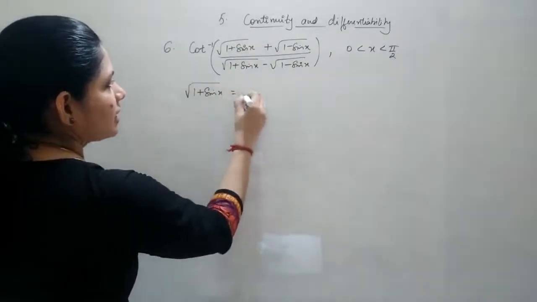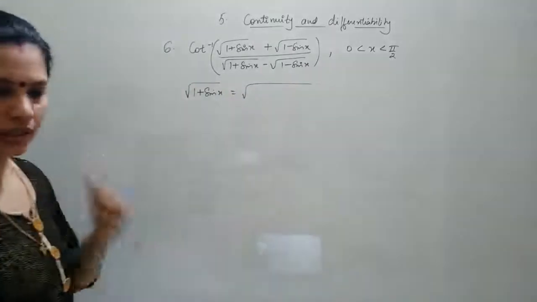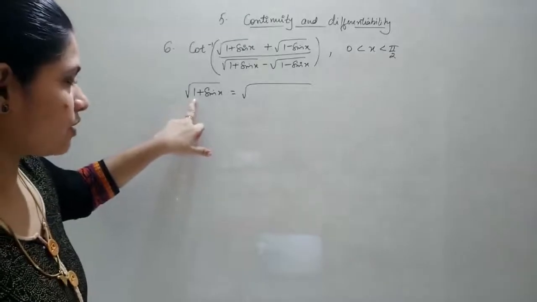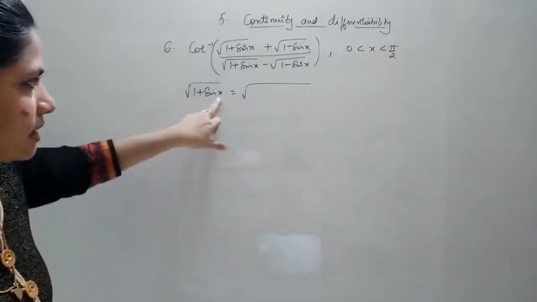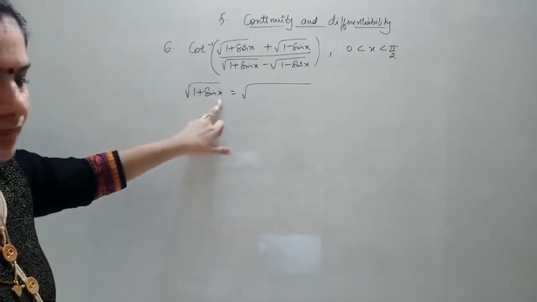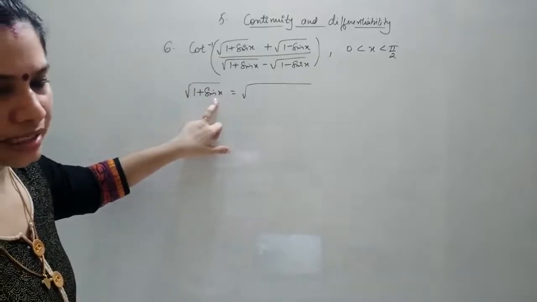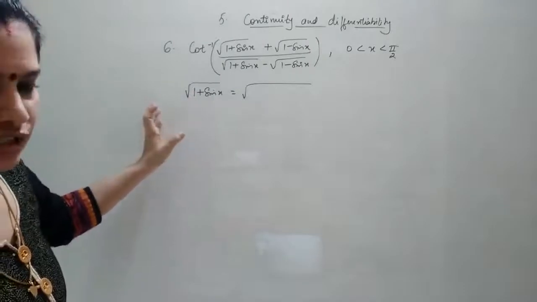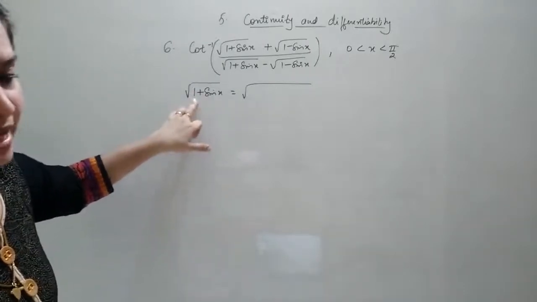Root of 1 plus sin x can be written as, I am writing this 1 as sin square plus cos square. Of what angle? Here you have sin x, so sin x can be split as 2 sin x by 2 cos x by 2. So the angle in sin square plus cos square should be x by 2.